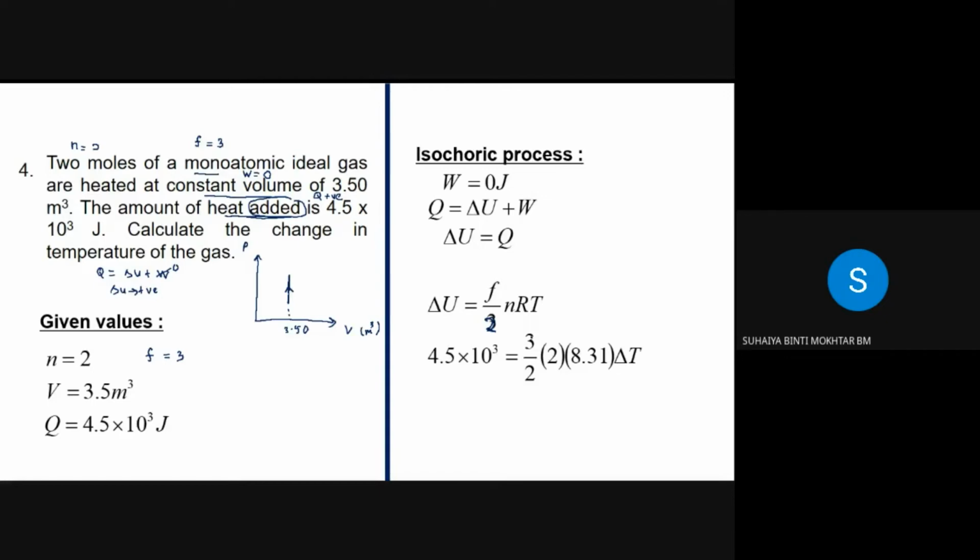Okay, so you can determine delta T, the change in temperature. The change of temperature here may be in unit Kelvin or degree Celsius, because we get the same answer.